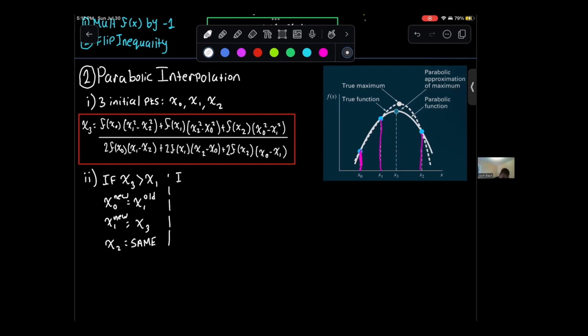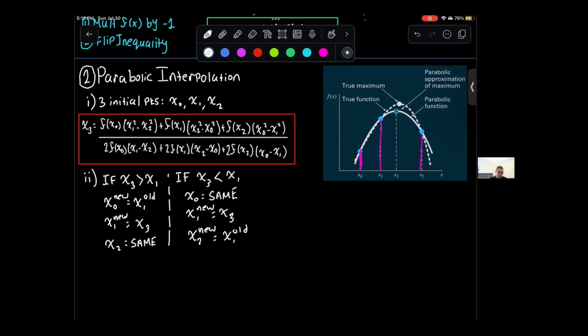What happens if x3 is at a spot less than x1? Well, x0 is the same. x1 new is x3. And x2 new is x1 old. So you can see here, x1 is the only one that's moving and replacing.